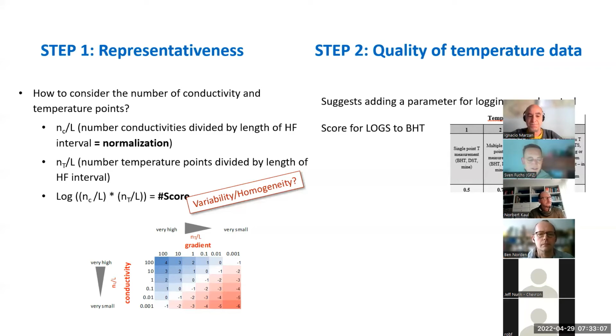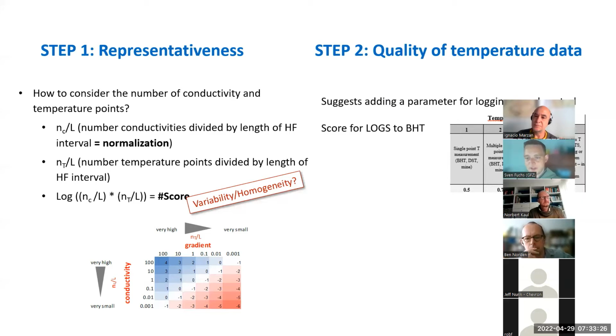Yeah, I understand your point. So I think that is why Imokukun raised two workshops ago that we should include the aspect of measurement time after drilling, for example.